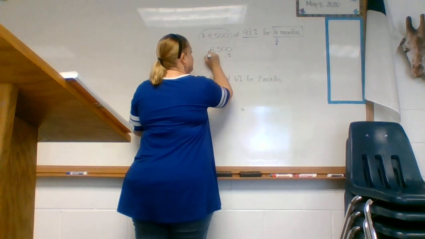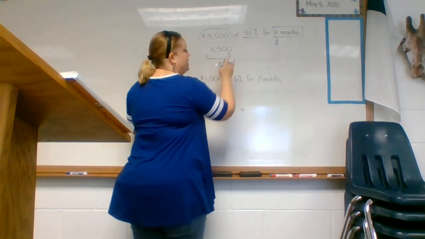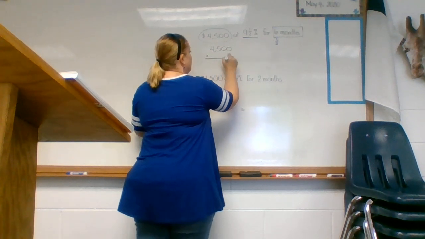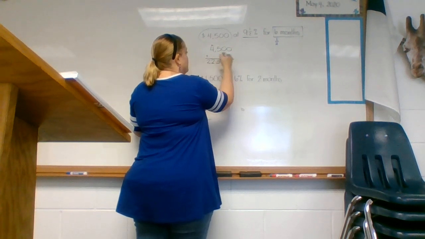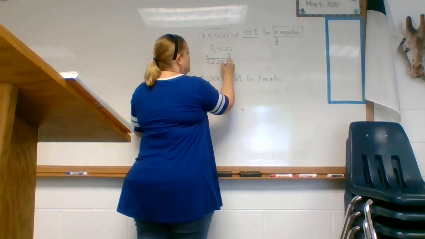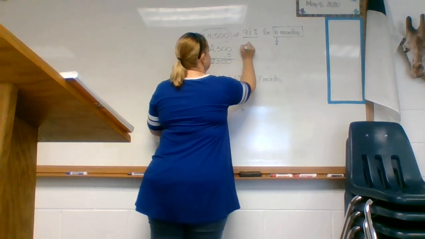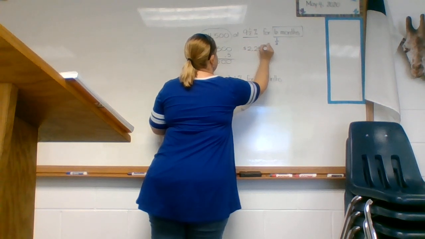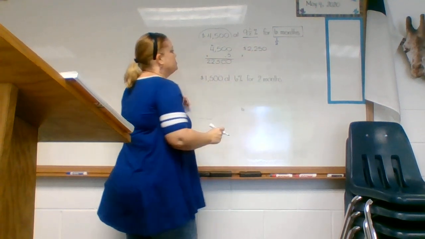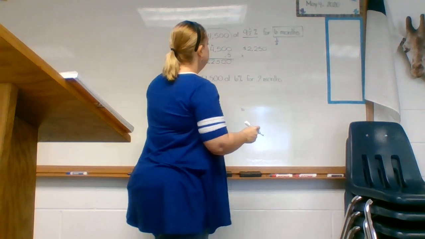That's going to be an easy one. A half is 0.5. That's easy to put in decimal form. All right, so 0.5 times 4,500. And, of course, we don't forget our decimal point. So now we're at $2,250 times our interest rate.